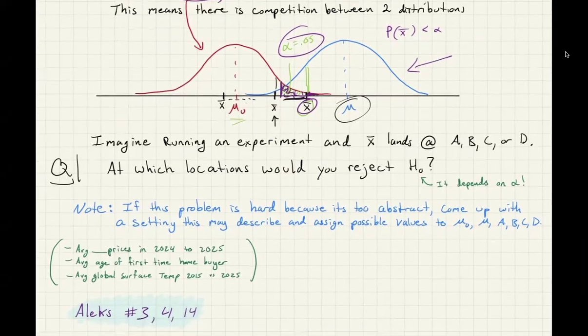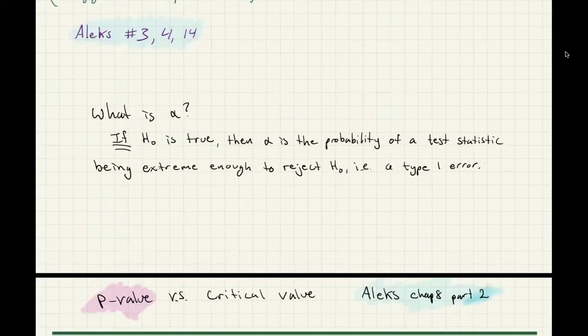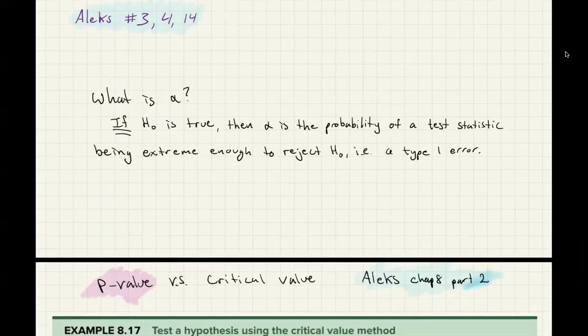This was all from a thing I did in class where I labeled the spots A, B and stuff like that. Not too worried about it. Here's the main takeaway: if H naught is true, then alpha is the probability of a test statistic being extreme enough to reject H naught, i.e. a type 1 error.